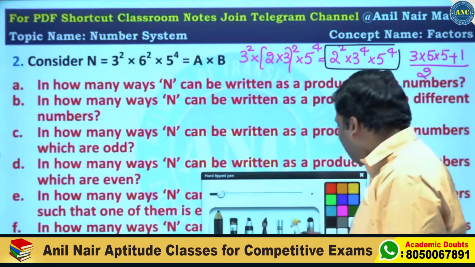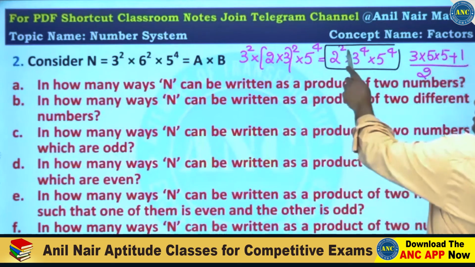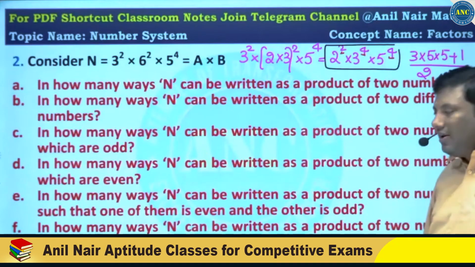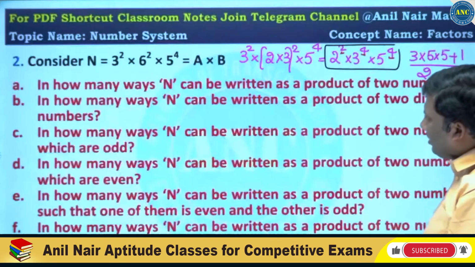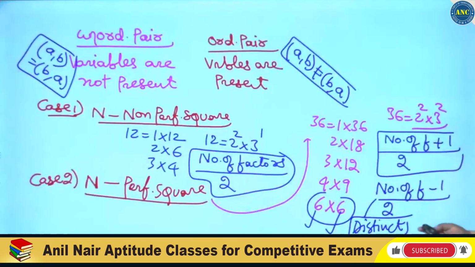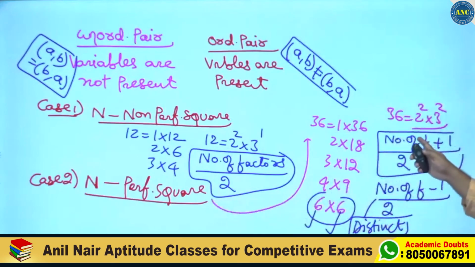Sir, why is it number of factors plus 1 by 2? Please see the powers. Powers are all even numbers. If the powers are even numbers, then it is a perfect square. In a perfect square case, case number 2, what is the answer we got?